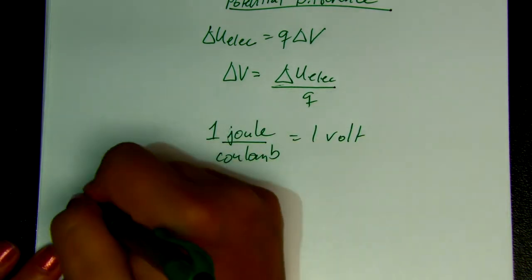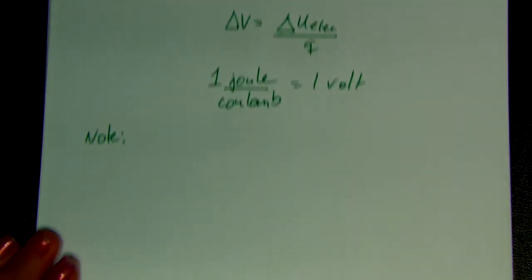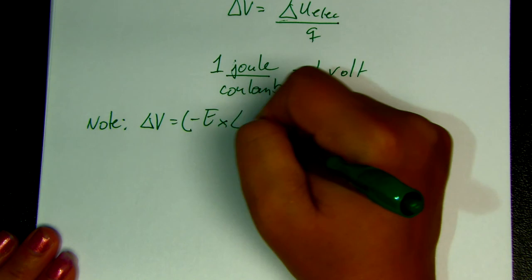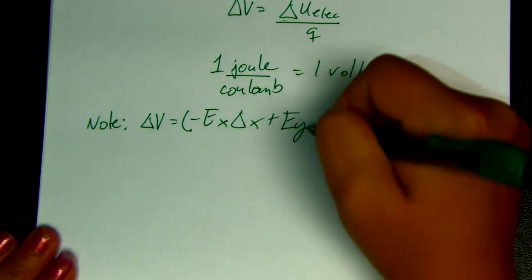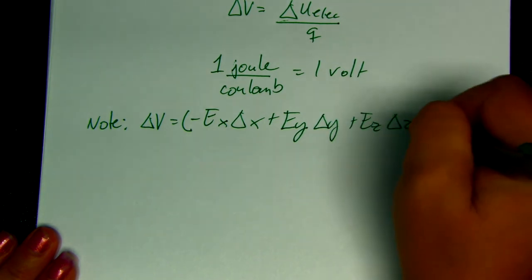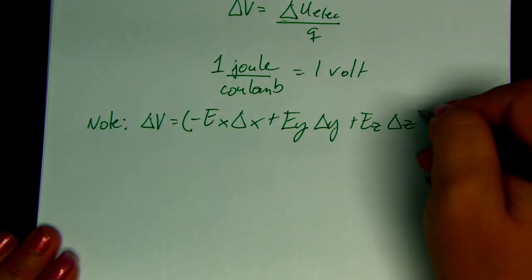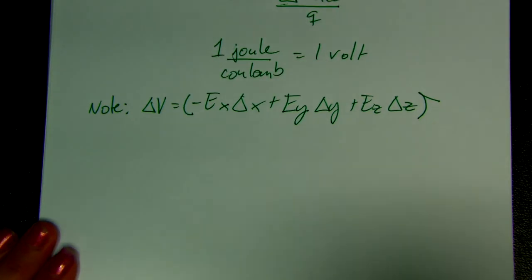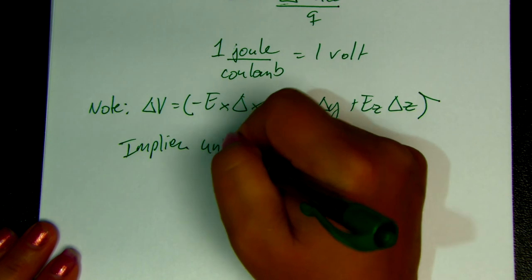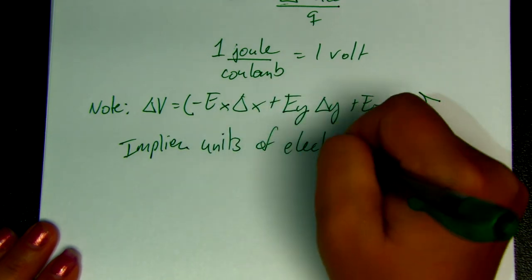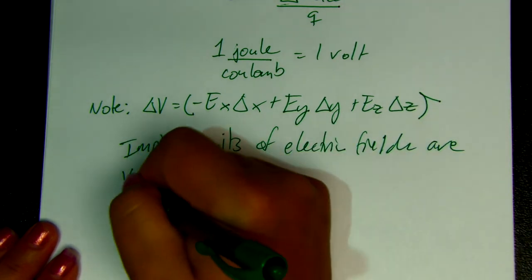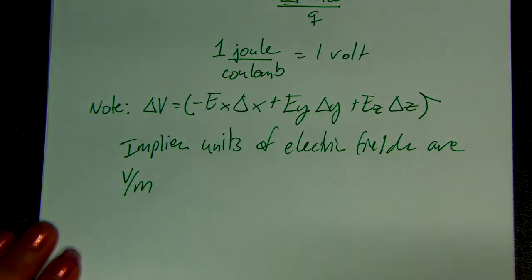And so we should note delta V is equal to minus E sub x delta x, plus E sub y delta y, plus E sub z delta z. And this implies the units of electric field are volts per meter, which I talked about earlier that we would see, and there it is.